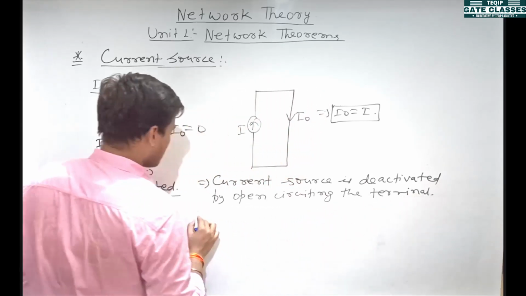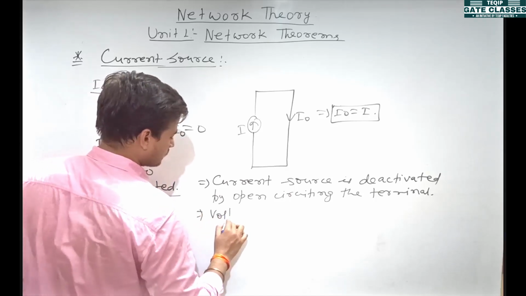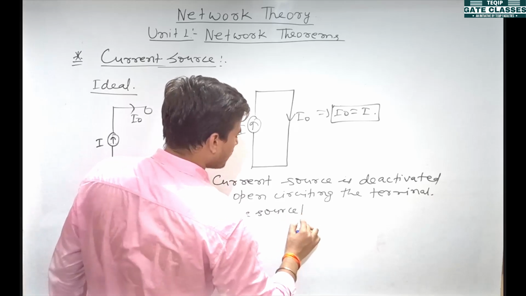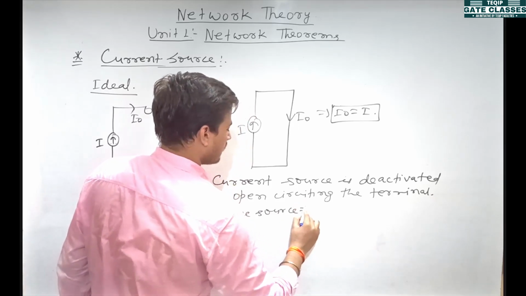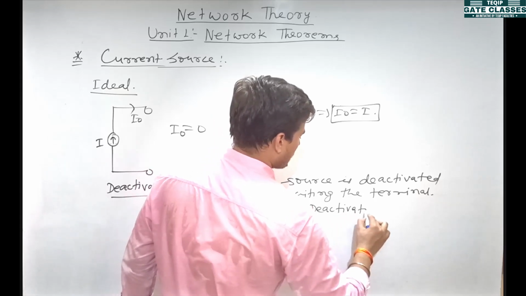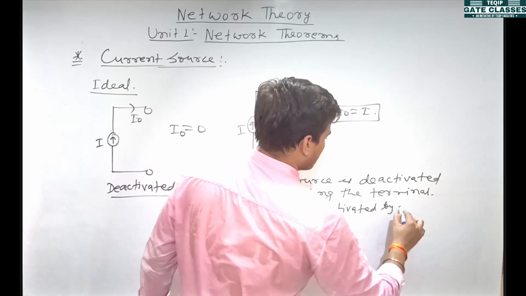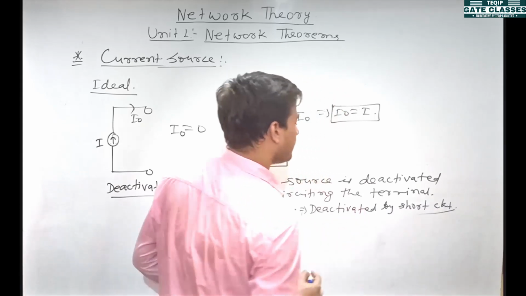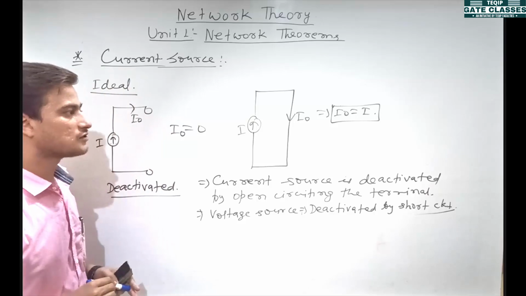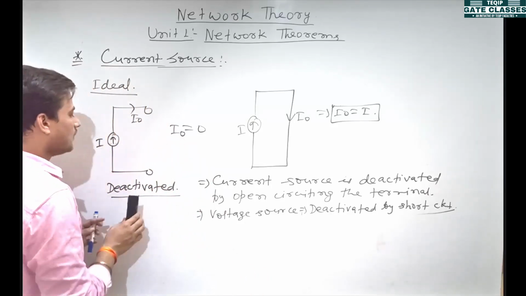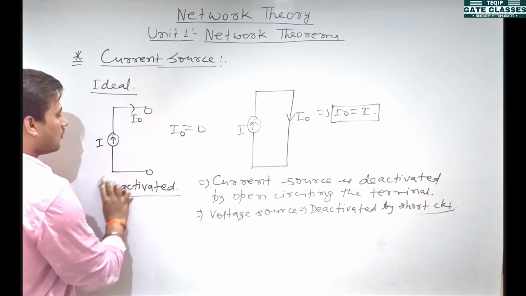In the case of a voltage source, how do you deactivate the voltage source? Deactivated by short circuit. Voltage source will be deactivated by short circuit and current source will be deactivated by open circuit. Clear? Current source will be deactivated by open circuit.